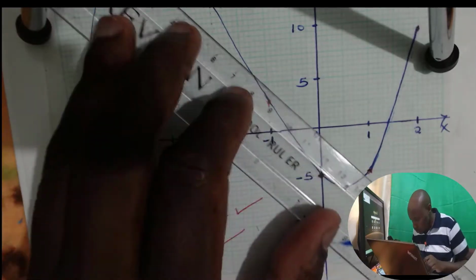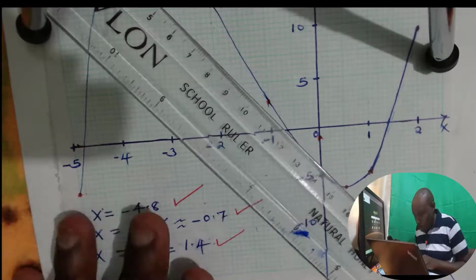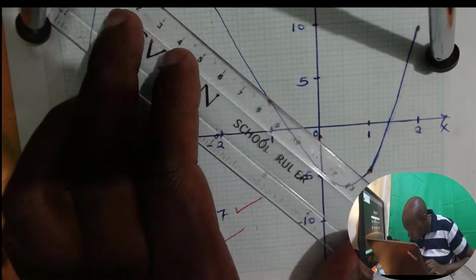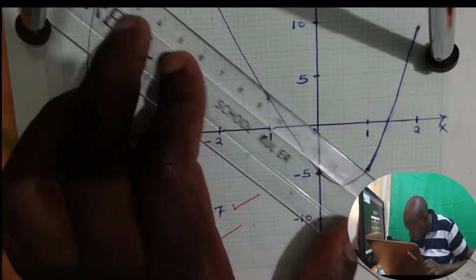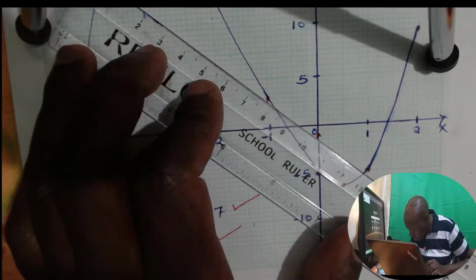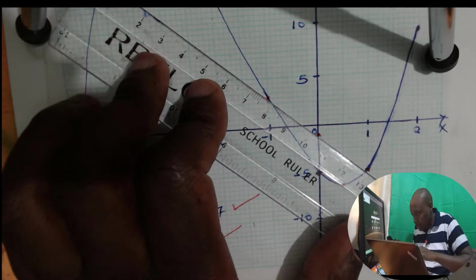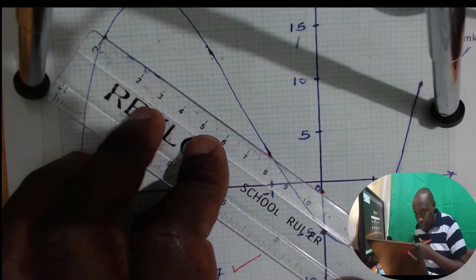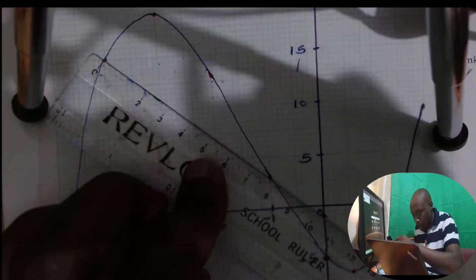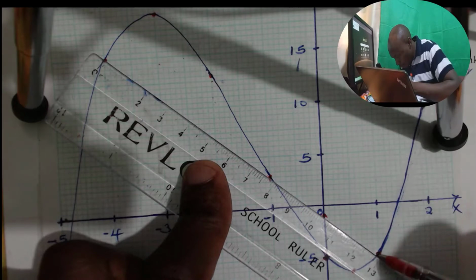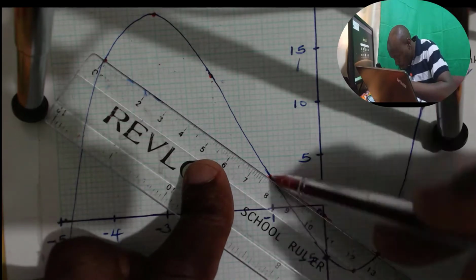Now we draw a straight line using those points. When you're drawing the straight line, we should ensure that the line is extended in such a way that it touches the curve at all the points.